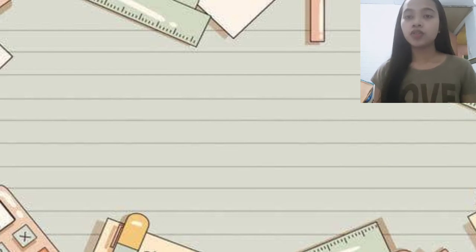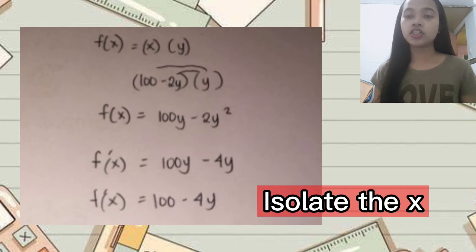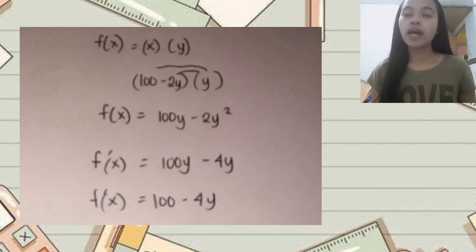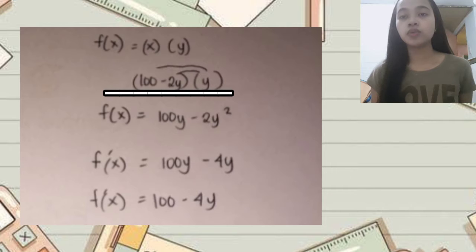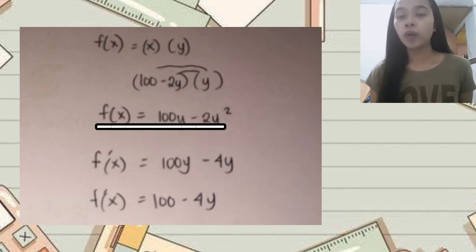So then we have to isolate the x in the constraint equation, which is now x is equal to 100 minus 2y, and then we substitute it to the objective equation, which is f of x is equal to (100 minus 2y)y. And then we distribute the y, so it will become f of x is equal to 100y minus 2y squared.